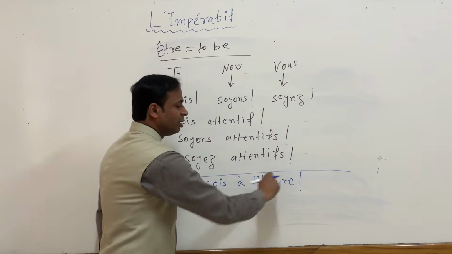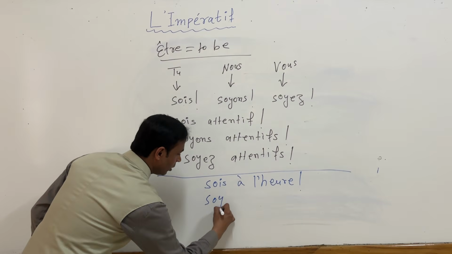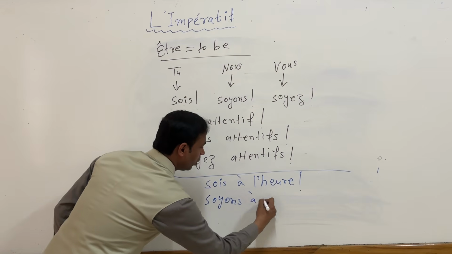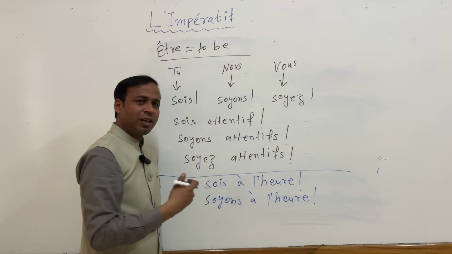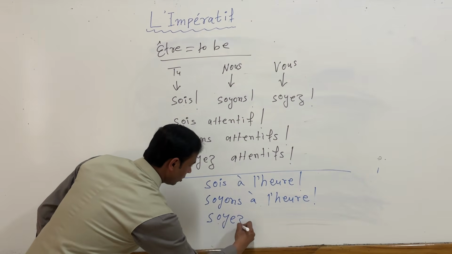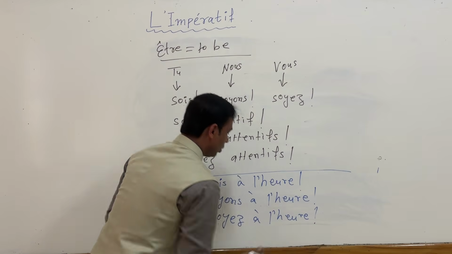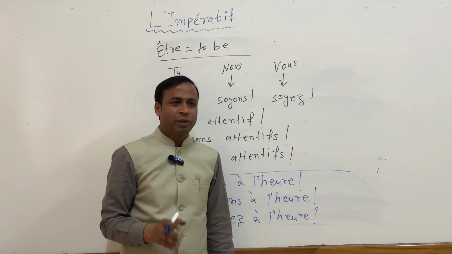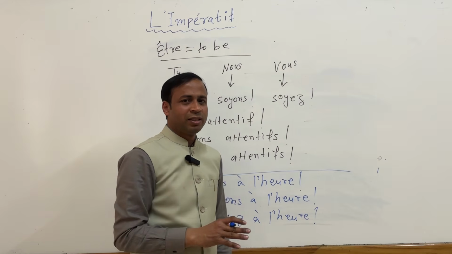Now let's make soyons à l'heure, which means let's be on time. And the third, soyez à l'heure, which means be on time. So my dear student, this is how you have to make the imperative from être.